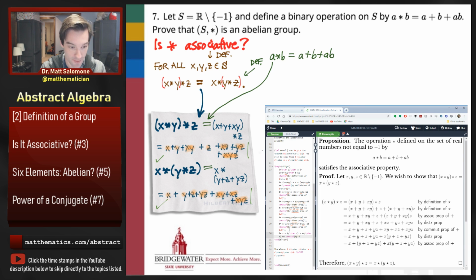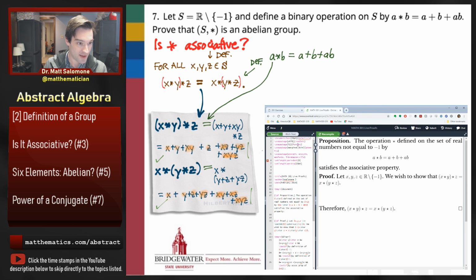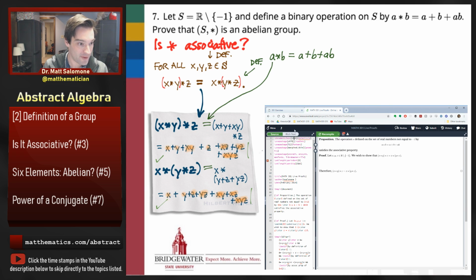And here we're just using the definition of the star operation. And already I'm starting to run out of room on the page here. Let me take a moment and just do the old trick of shrinking your font size. Hopefully that will buy me a little bit of space here.